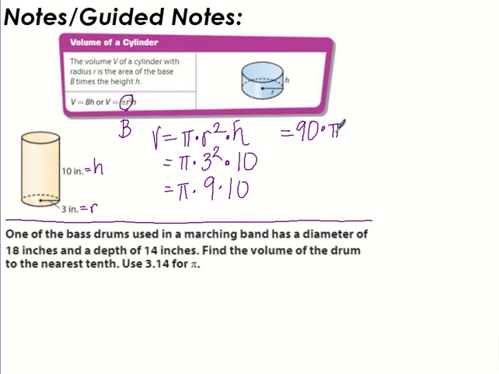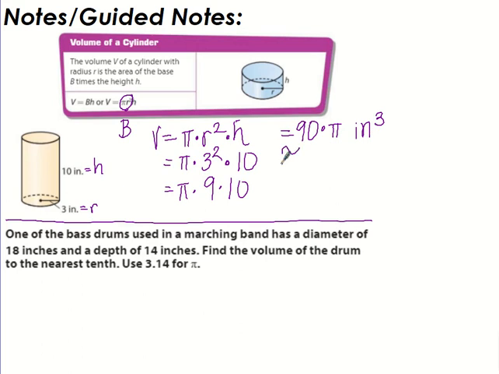If we wanted to stop there, we would just say 90 pi inches cubed. That'd be a more exact answer. It's inches cubed because it's volume. We talked about that in the last lesson, but also because right here is inches squared, and this is inches. So inches squared times inches is inches cubed. But maybe we want an even more precise answer, so we at least have an idea of where it's at.